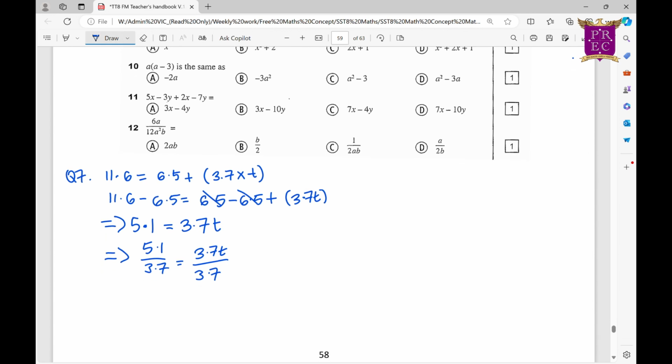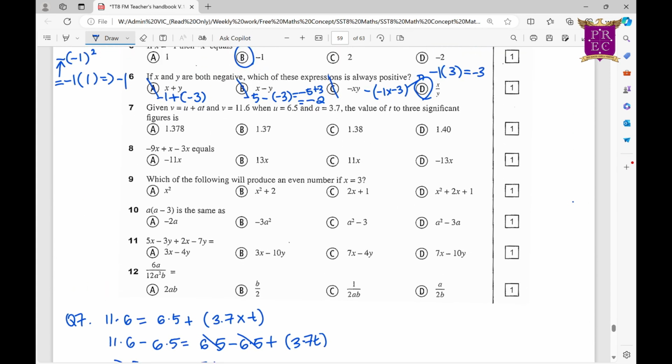And if you do that through long division, you will get 1.378, but because it wants you to round up to 3 significant figures, that rounds up and that gives you 1.38, which is option C.